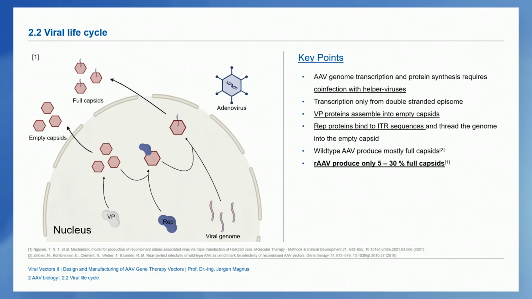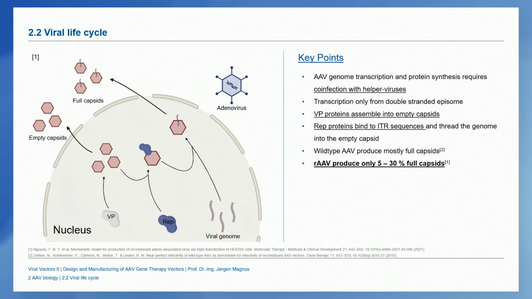In the replication of the virus, it will then create its capsid from the virus particles. It will then start replicating itself using the rep genes, but also with the help of the helper genes. So in principle, it needs 3 elements.